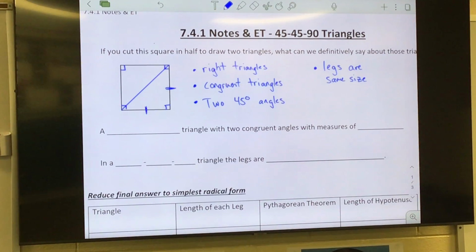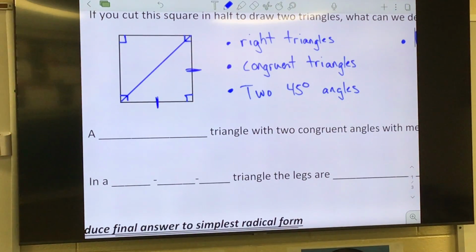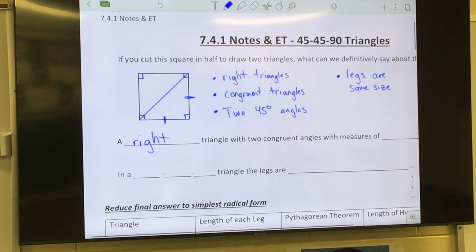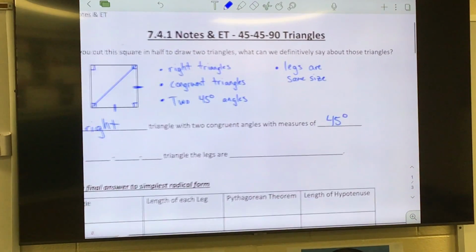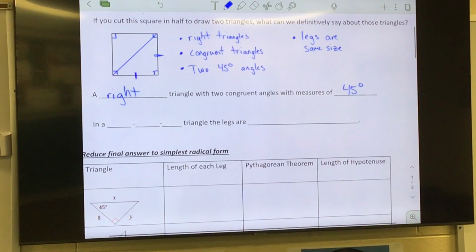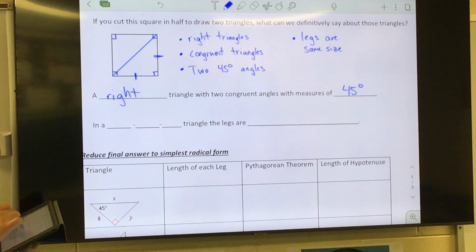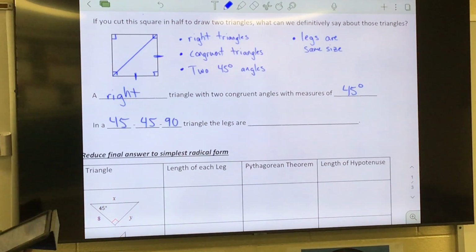A 45-45-90 triangle is a right triangle with two congruent angle measures of 45 degrees. So it has two angles that are exactly the same. In a 45-45-90 triangle, the legs are congruent, which is what we just said. All of these properties are extremely important.